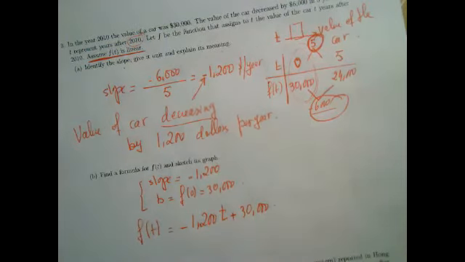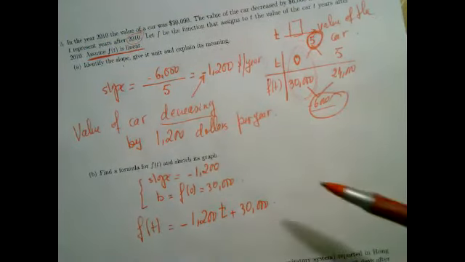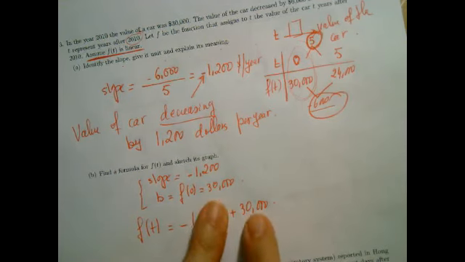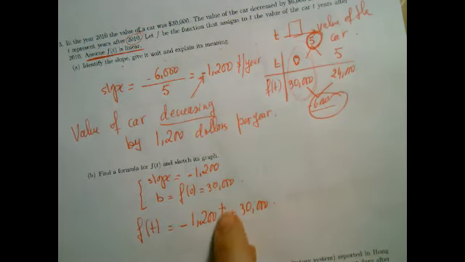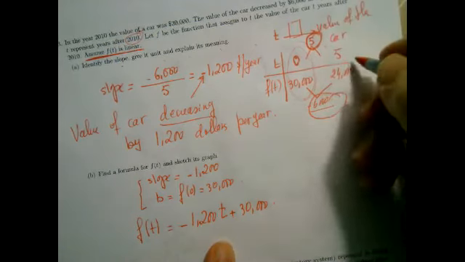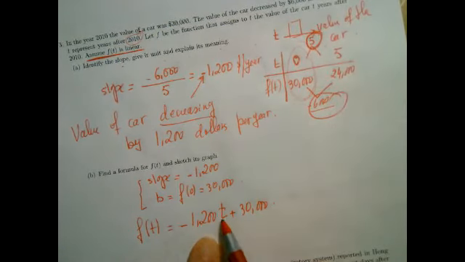And if you really think about it, it makes a lot of sense because it's changing every year by 1,200. So at t equal to 0, it's 30,000. After 1 year, t equal 1, you're taking away 1,200. After 2 years, you take away twice that much, and so on and so forth.